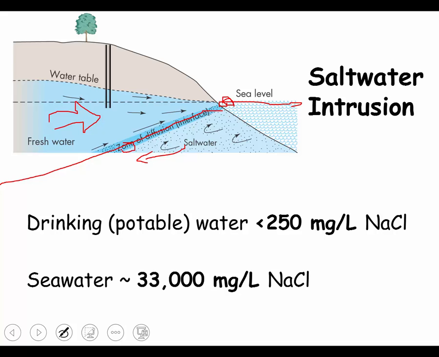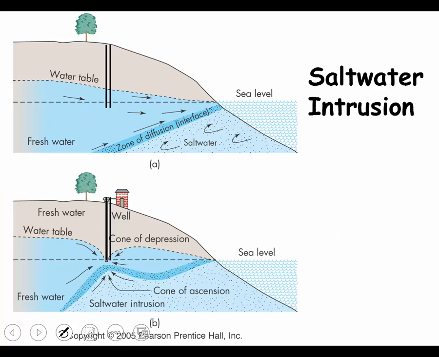Now, the elevation of this diffuse base is actually dependent on the elevation of the water above sea level. So the more water you pile up, the more you compress that particular contact and you thicken that freshwater wedge. The problem comes when you pump that water table and you lower the amount of fresh water that's on top of the salt water.